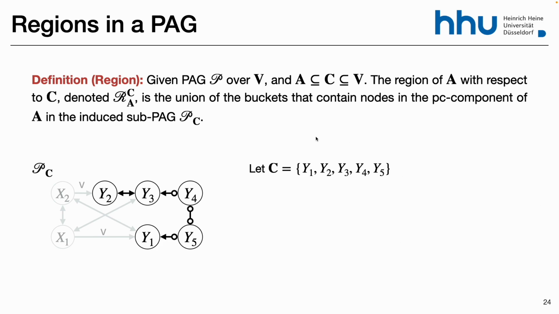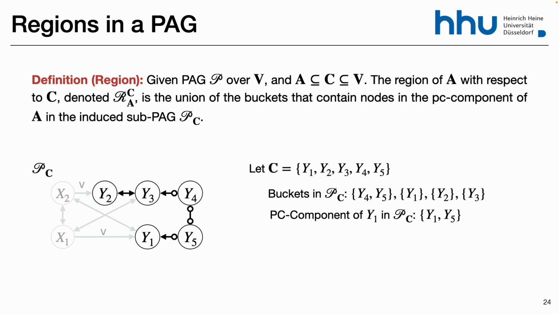So suppose now that C, a subset of V, is not everything here. Then the buckets in the peg over C are: I have the bucket Y4 and Y5 together because they are the circle components. And all other variables are alone. And if I want the PC component of Y1, then it's just Y1 and Y5.